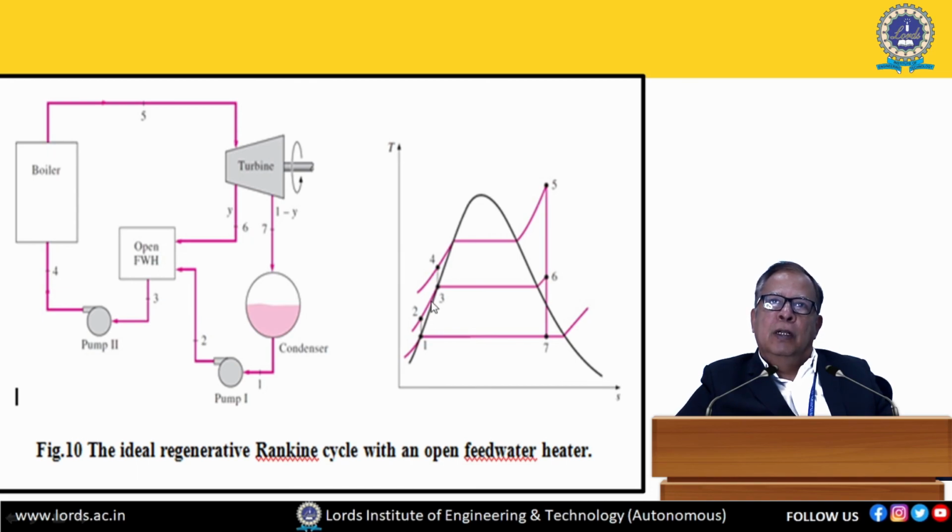Then we are able to see one more pump, 3 to 4, the high pressure pump, which increases the pressure to the boiler pressure, and then finally water is added at high temperature to the boiler, thereby increasing the efficiency of the cycle.